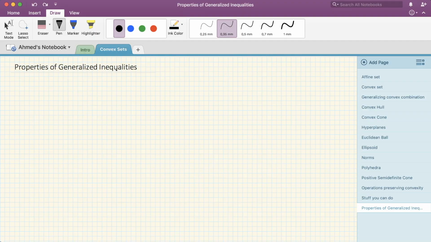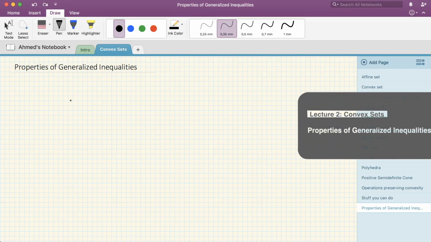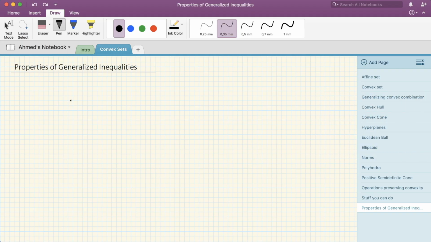Right, so after we talked about generalized inequalities and stuff related to it, like minimal and minimum elements, we can now take a step forward and give some useful properties for generalized inequalities. Even though generalized inequalities generalize the inequality that you and I know, they still share really similar properties. So let's start with the first property, which is that it preserves addition.